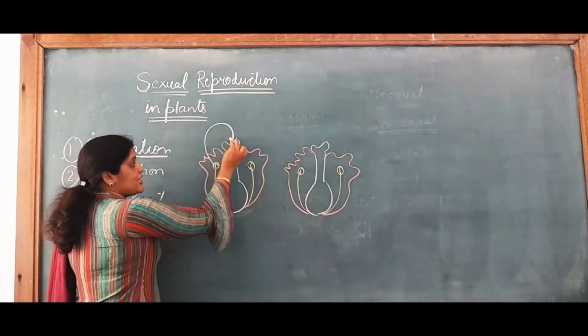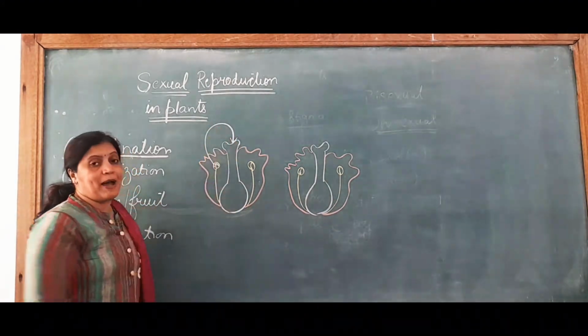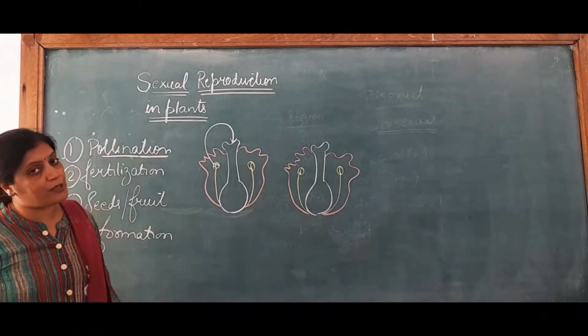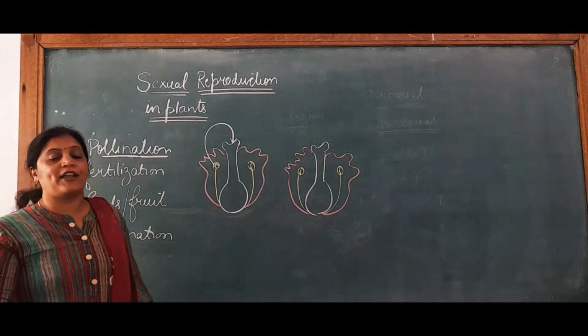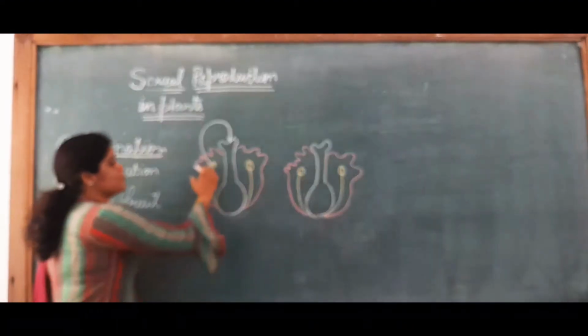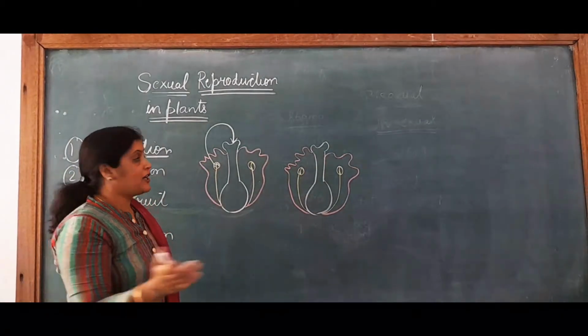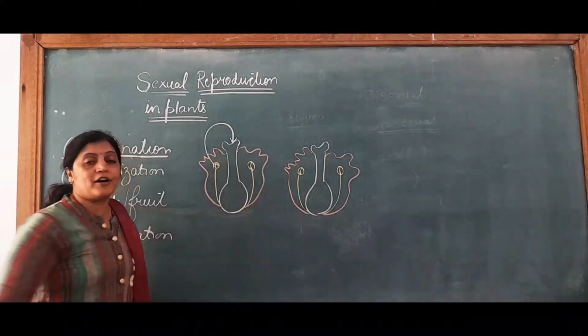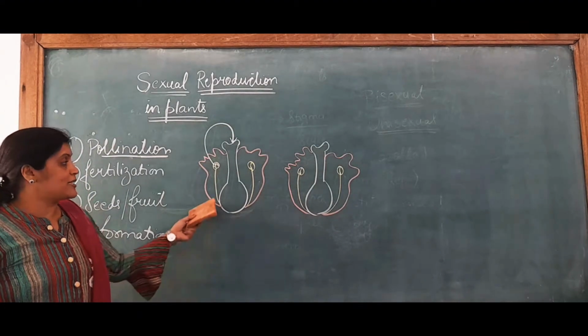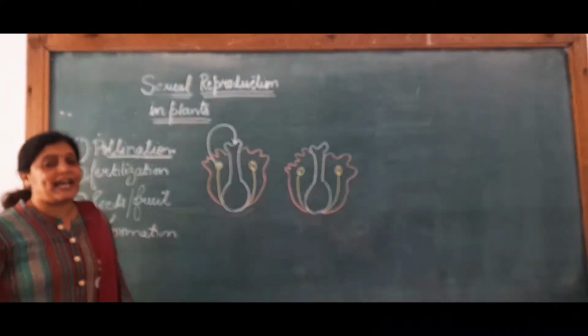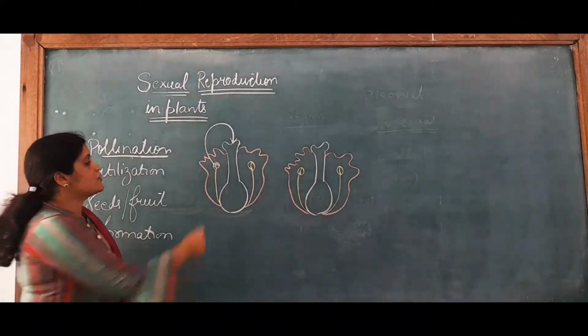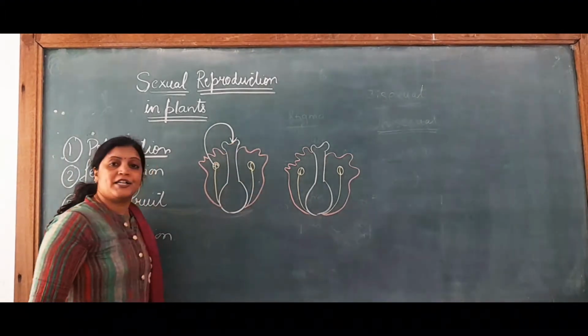This can be transferred to the stigma by agents. It can be through the air when the wind blows; at that time the pollen grains are carried with the wind to the flower stigma. If these are aquatic plants, then through the water the pollen grains reach the stigma.